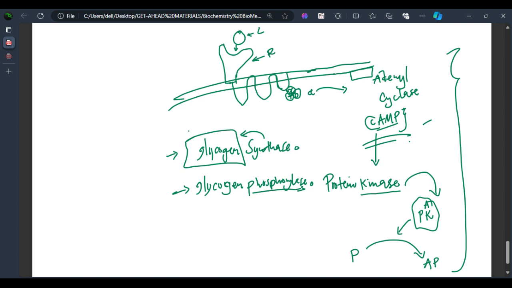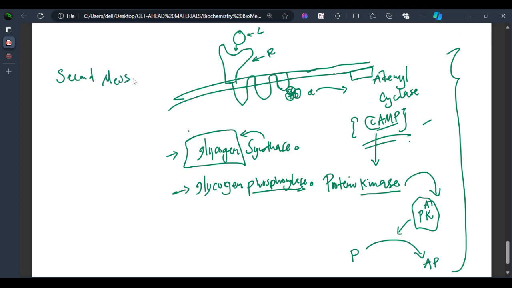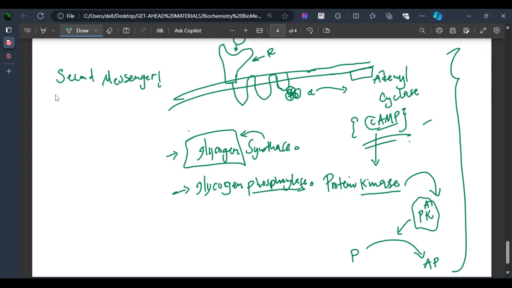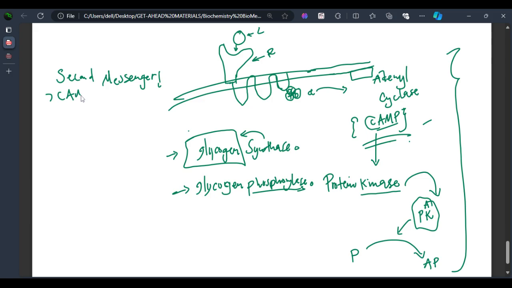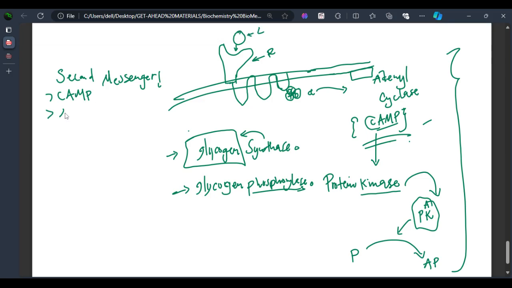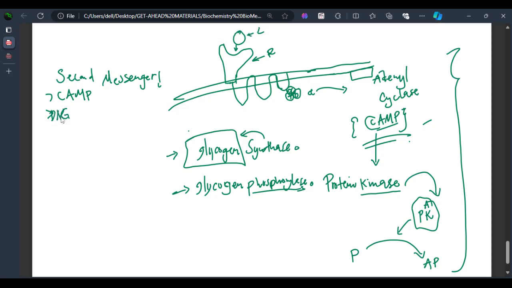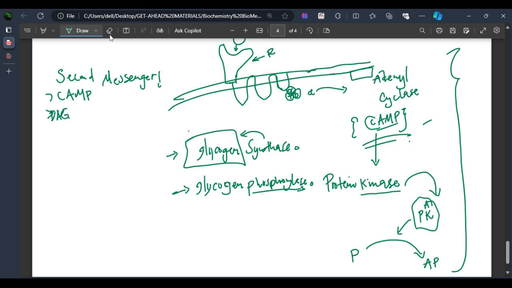All right. So with that said, we're going to go over a few questions, but maybe before we go there, cyclic AMP is classified as a second messenger. There are a number of second messengers that we can take note of, cAMP being one of them. We also have diacylglycerol, DAG.